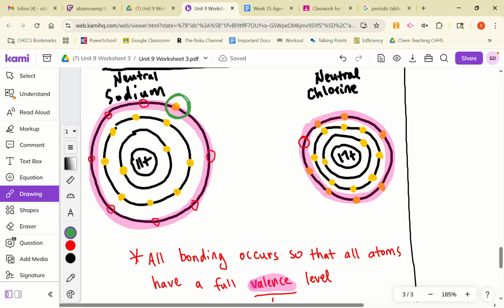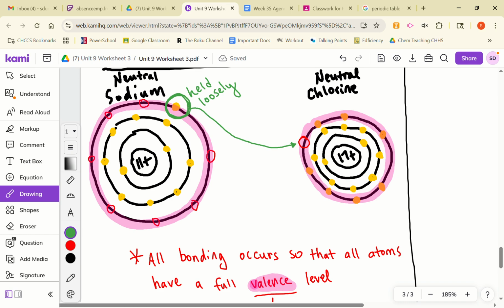This electron, which is held loosely because sodium is a metal and it holds that electron really loosely. Chlorine is good at attracting more electrons. So this electron can come over here and fill chlorine's empty spot.